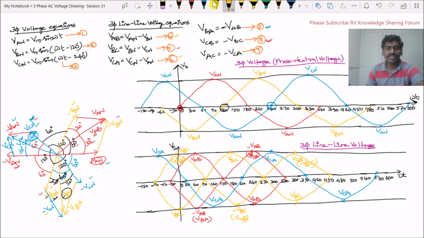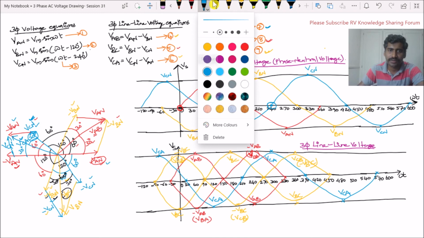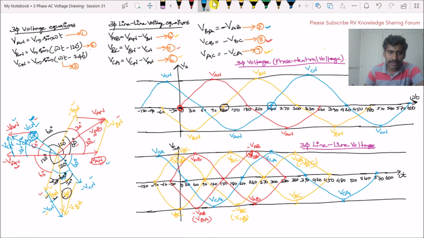Similarly, now let us draw the line voltage VAC according to equation number 9. Equation 9 says that VAC is equal to minus of VCA. That means opposite to VCA. So let us draw it in blue color. This is our minus VCA, which is nothing but the line voltage VAC.